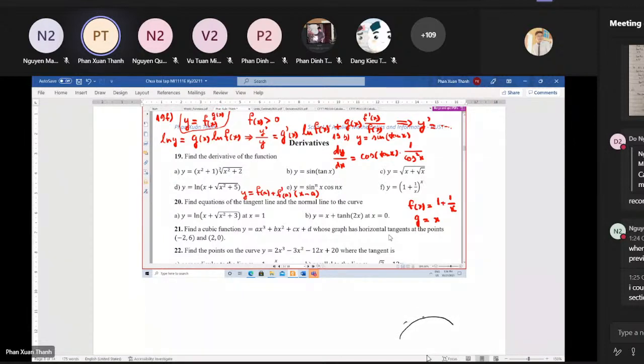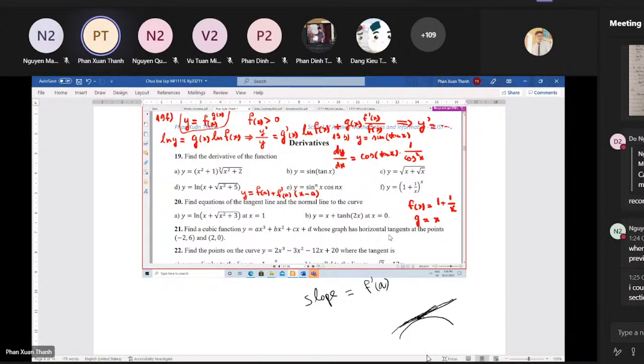So what is the tangent line? The tangent line is a line that touches the curve at only one point. It's difficult to draw. Okay, let me make it like this one. It's better. So here we have a point. The tangent line means a line that touches the curve at only one point, and the slope of the line equals the derivative of the function at this point. The slope of the tangent line.